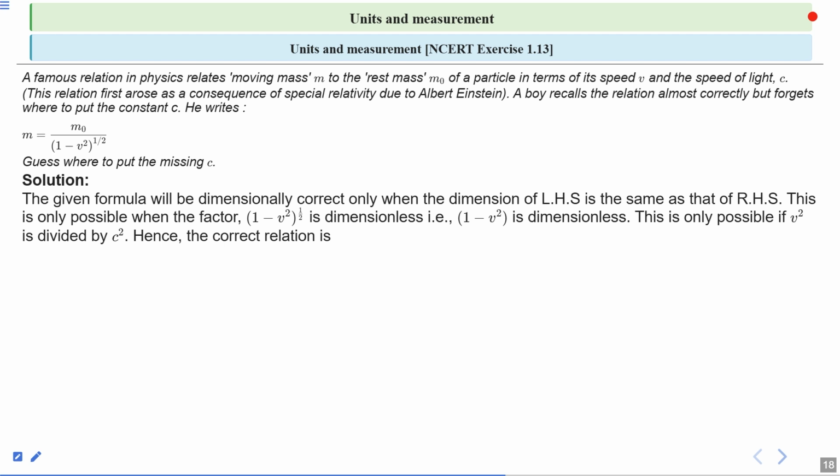So here, as I said, one is dimensionless, so the second term should also be dimensionless, which is only possible if the second term is v square by c square. And we can only use c, we cannot use anything else. So that's why the final equation is m0 divided by (1 minus v square by c square) all raised to 1 by 2.